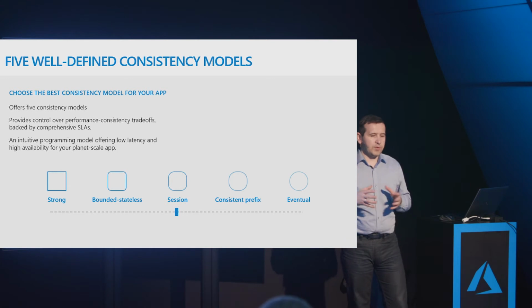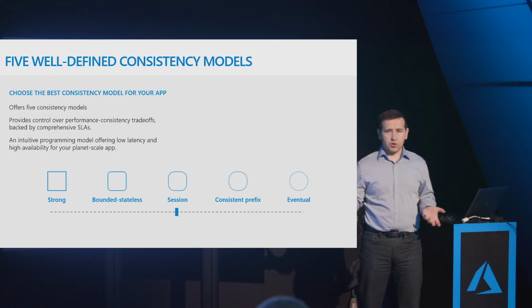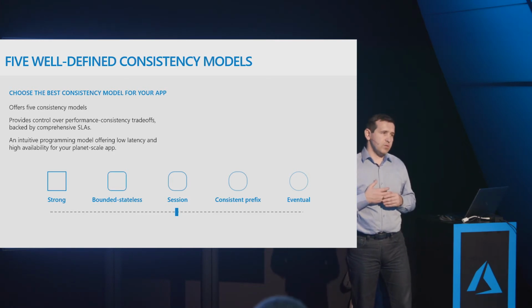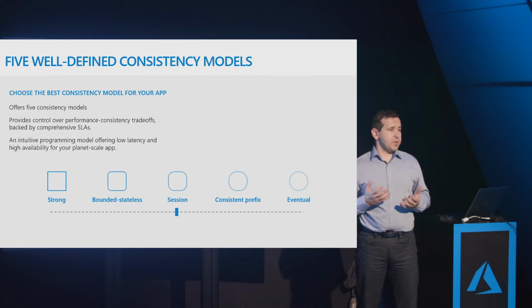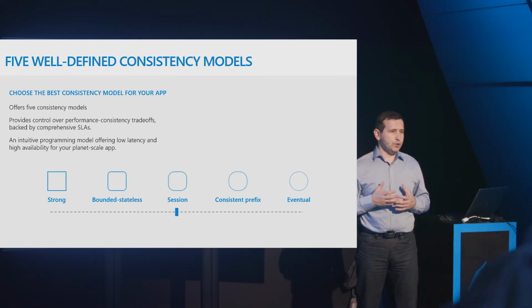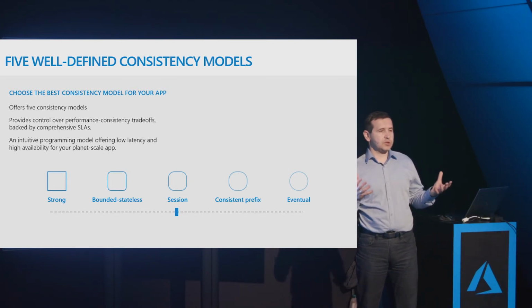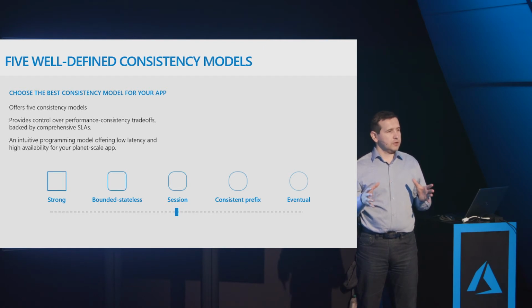We provide you 5 well-defined consistency models. It's 3 more than the typical eventual and strong consistency. In fact, what we found is that users typically choose session consistency because it's the easiest one to use. Session consistency is similar to strong, but within the confines of a single session.